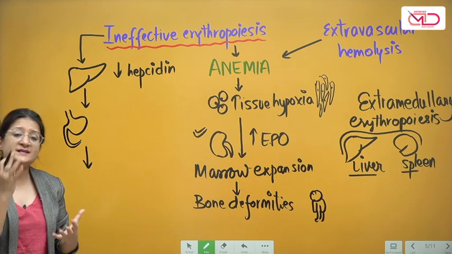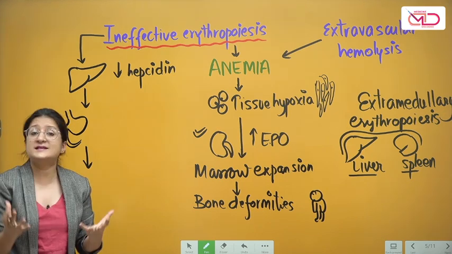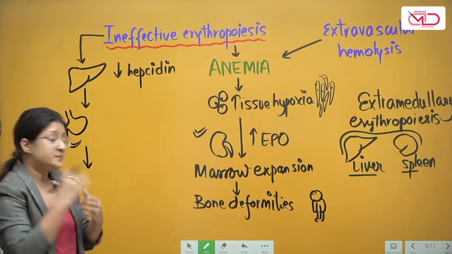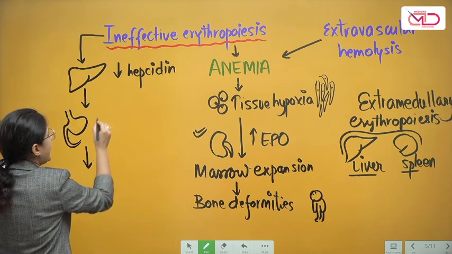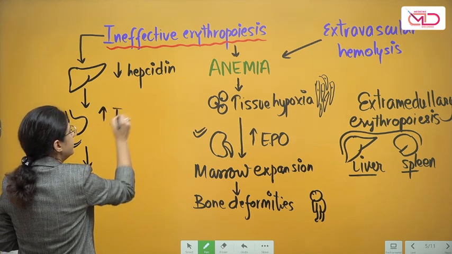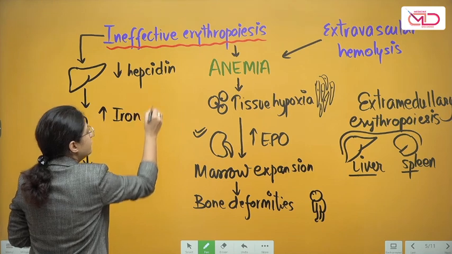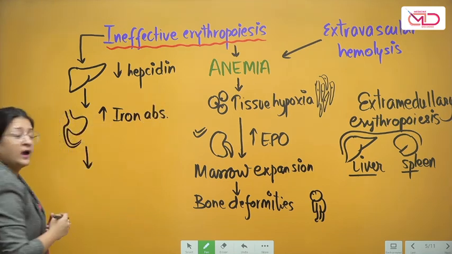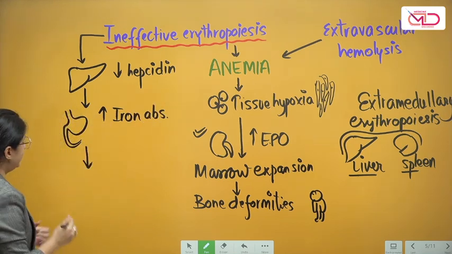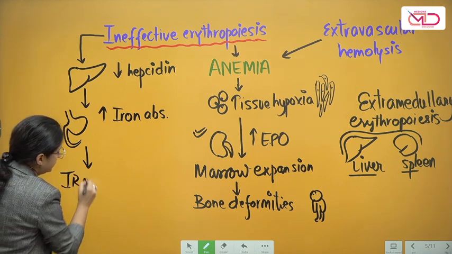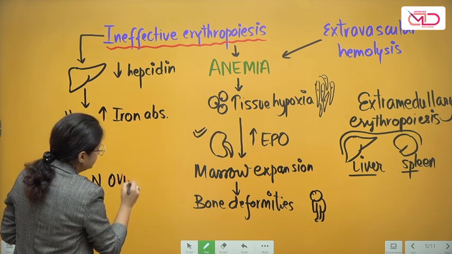Now, when the hepcidin secretion is decreased, we have all discussed what happens, right? Hepcidin secretion decreases and there is increased iron absorption from the gut, right? And that leads to iron overload.